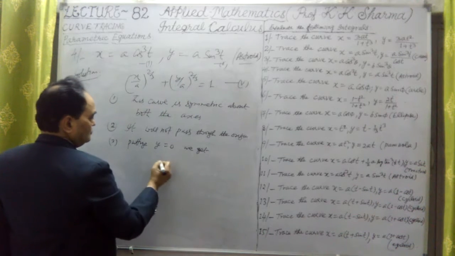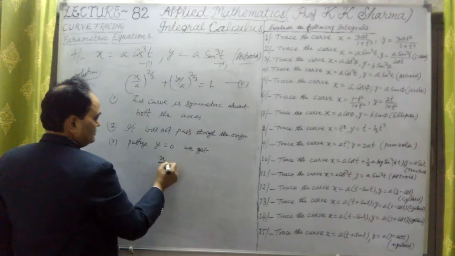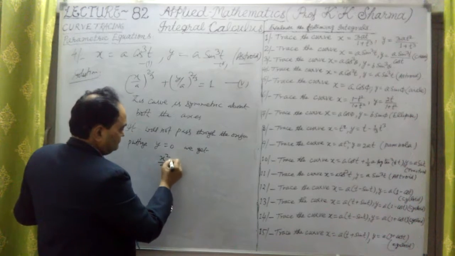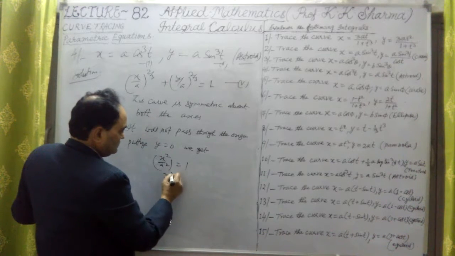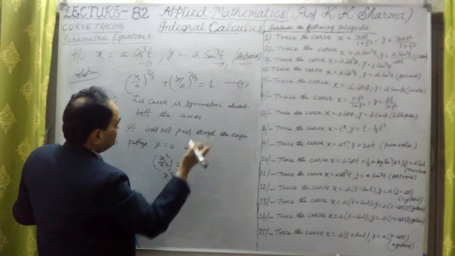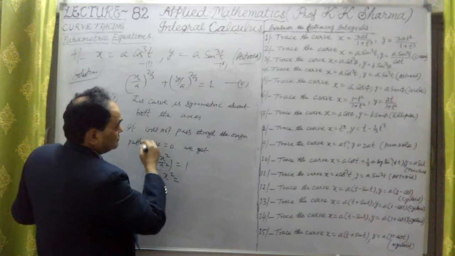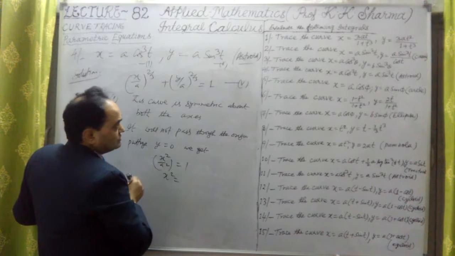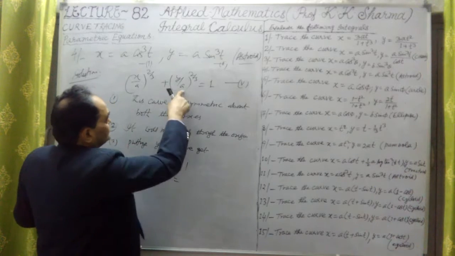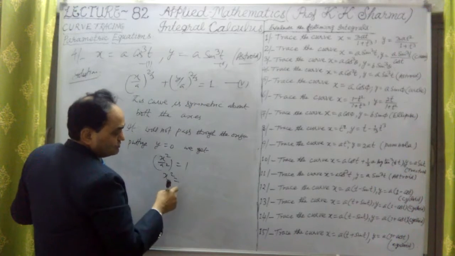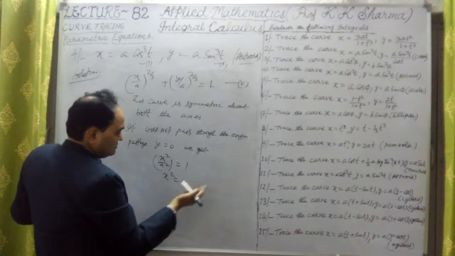With y equal to 0 here, we get x upon a, or x square upon a square, is equal to 1. So x square is equal to 1, making cube of both the sides, because the cube root of 1 is 1.